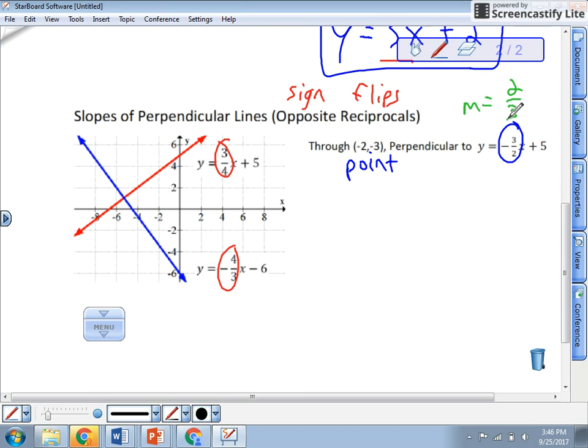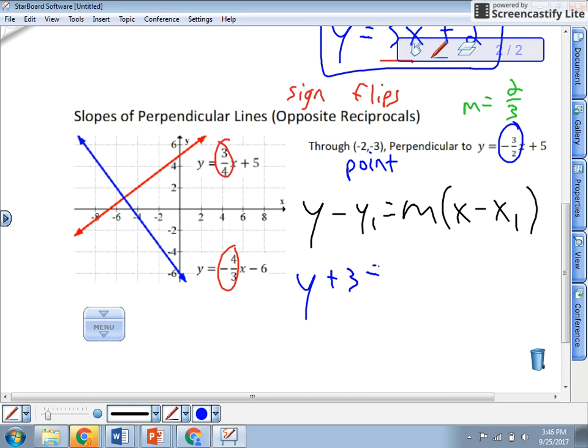Again, we're putting it into point-slope form. Y minus y1 equals m times x minus x1. Plug in our points. So we've got y minus y1. Well, it's minus a -3, so that's +3. Equals, our new slope is going to be 2/3 times quantity x minus our -2, minus becomes +2.